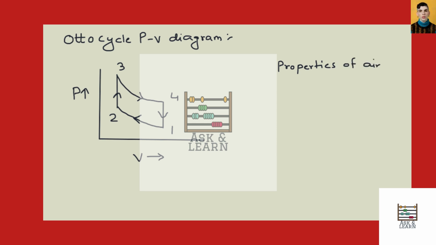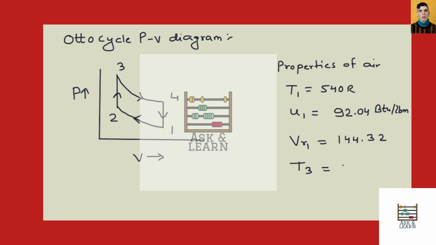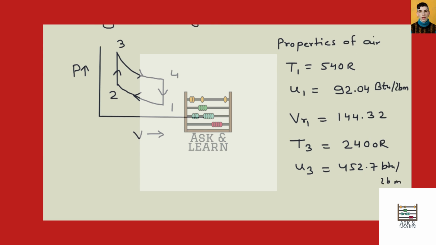We have T1 is equal to 540 R, U1 is equal to 92.04 BTU per lbm, VR1 is equal to 144.32, T3 is equal to 2400 R, U3 is equal to 452.7 BTU per lbm.